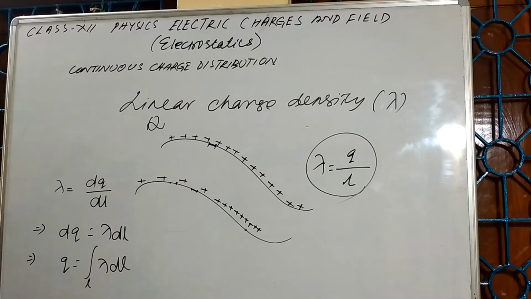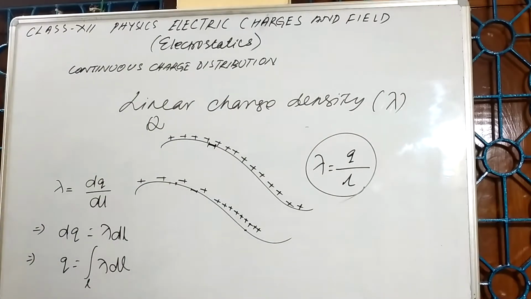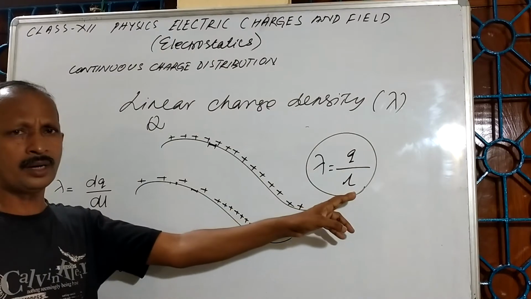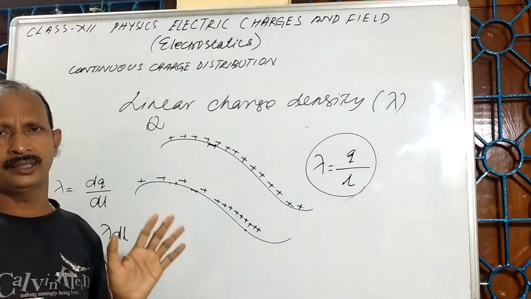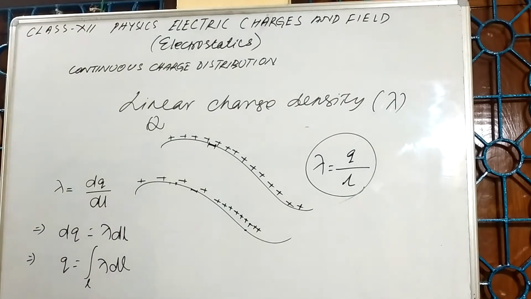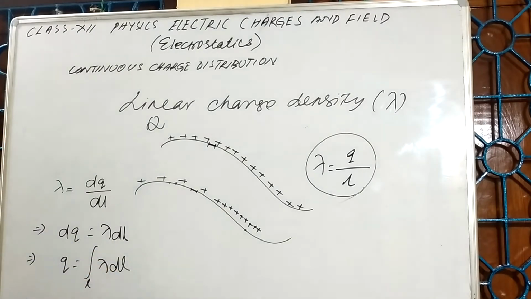Here the integration is over the length, because this is linear charge density. So it is the charge per unit length. So this is about the linear charge density.